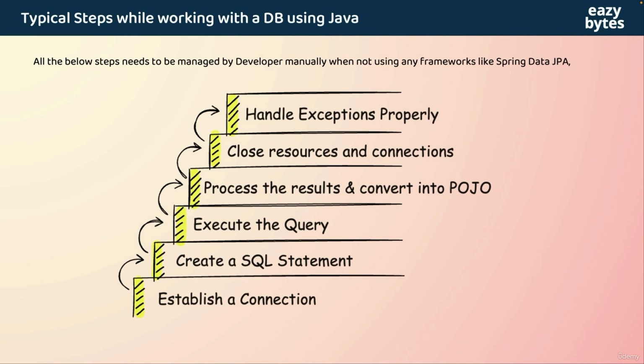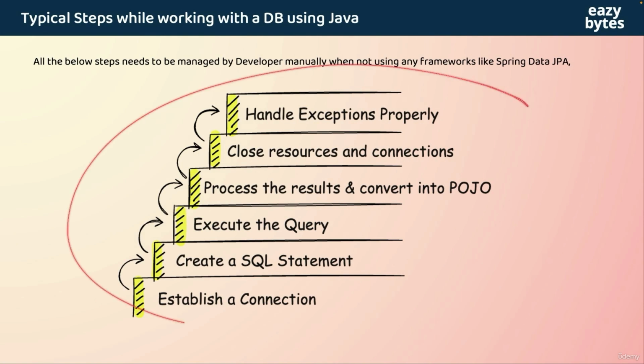And towards the end, developers should also take care of closing the connection that they opened in the very first step and closing any other resources that they opened during all these steps. In case any exception happens during any of these steps, developers should handle the exceptions properly and make sure the rollback of the database transaction also happens.